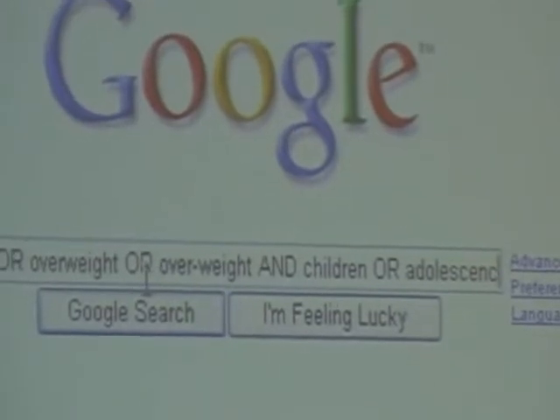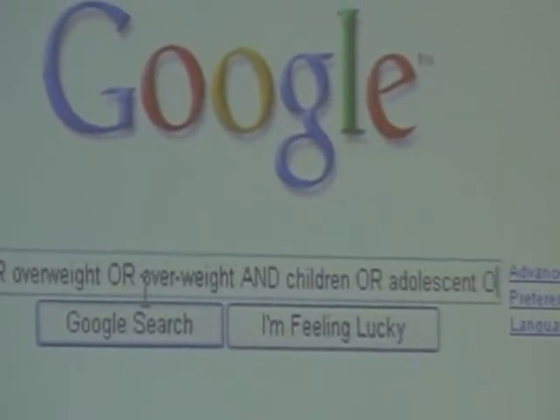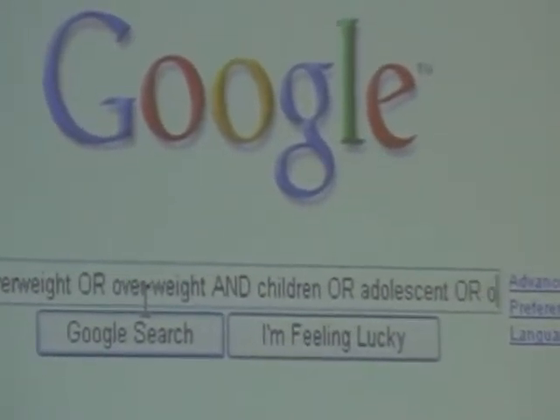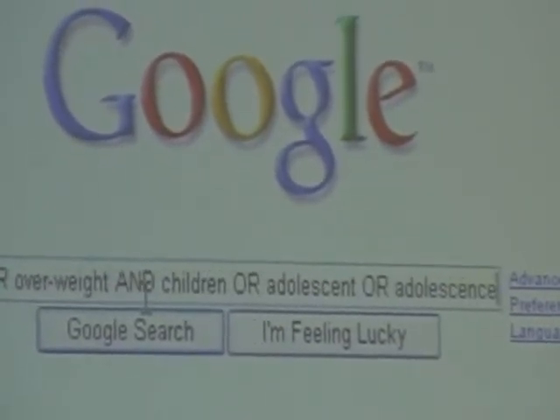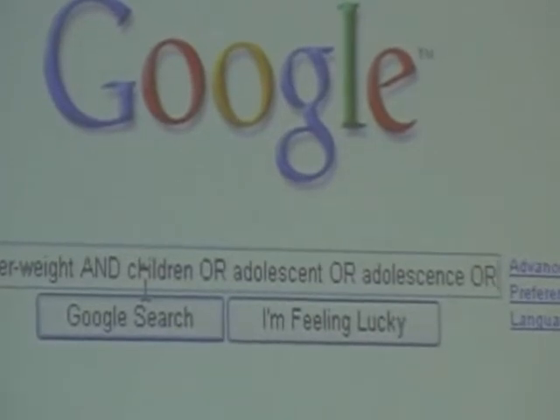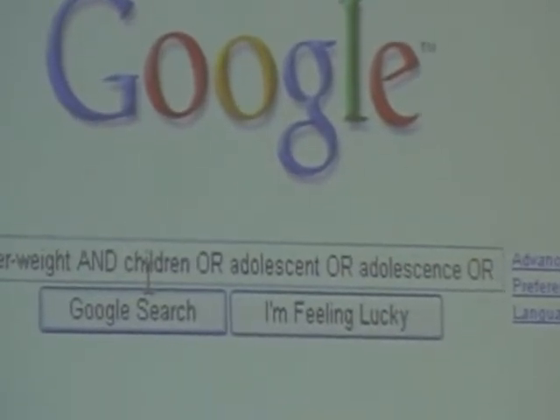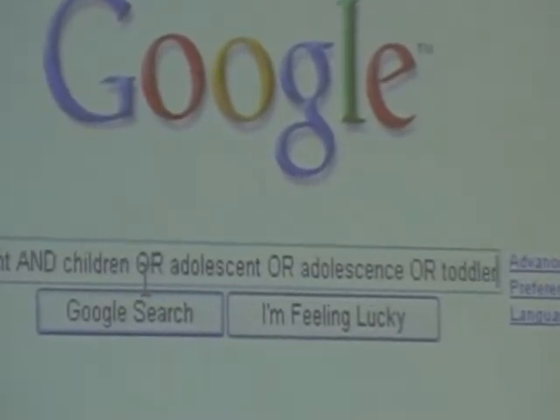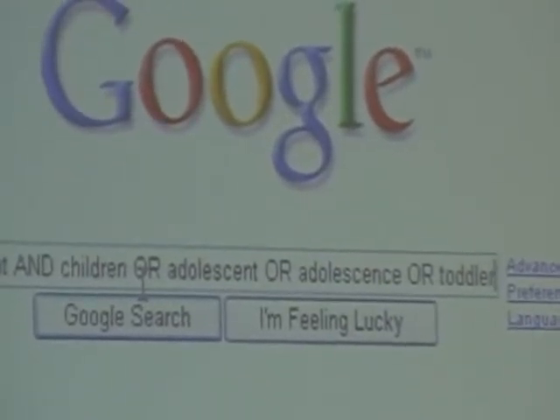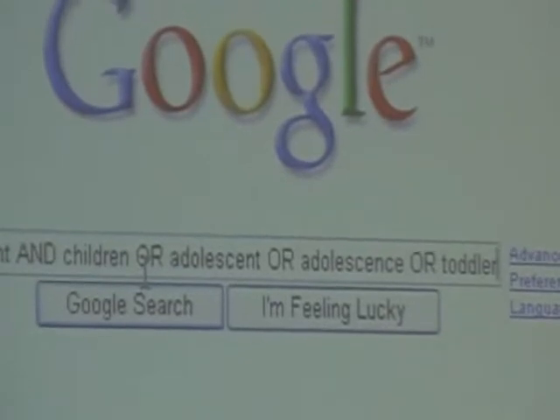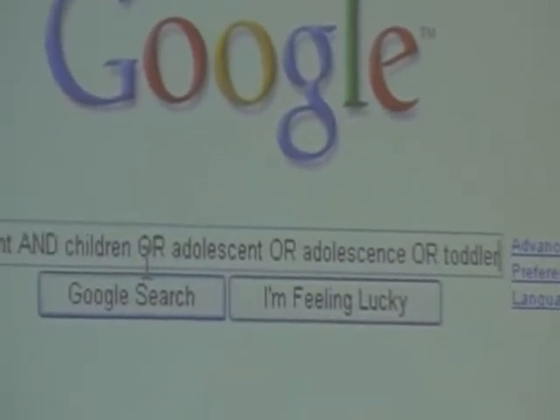Different word. Remember, computer is a dumb box. Or, what's a little person? A toddler? So I'm giving this computer a whole bunch of things to do. And I'm confusing it because I need to add something else.